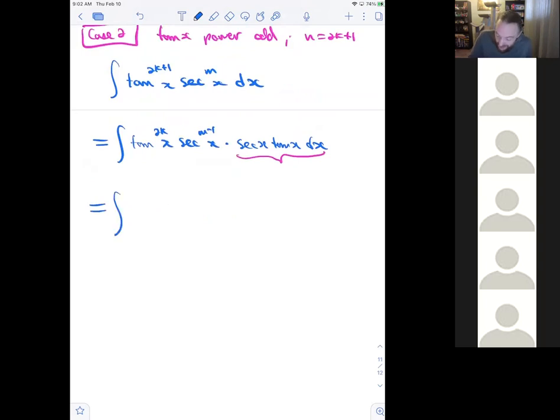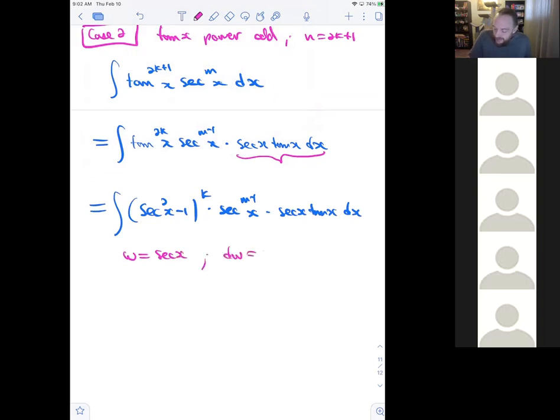So this becomes the integral of (secant squared x minus 1)^k times secant^(m-1) x times secant x tan x dx. Now I'm ready for my substitution. My substitution will be w equals secant x.